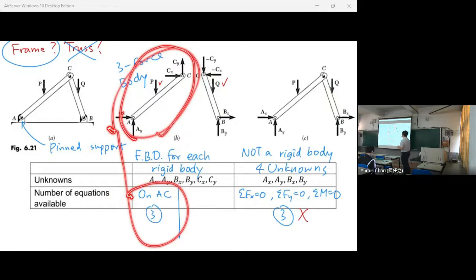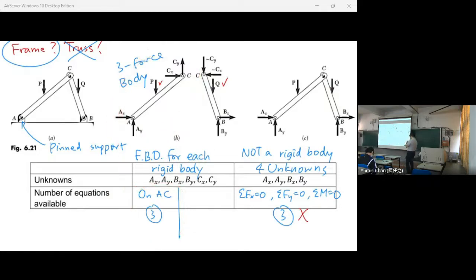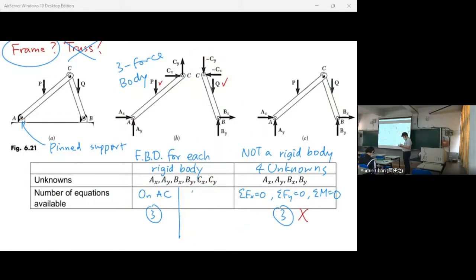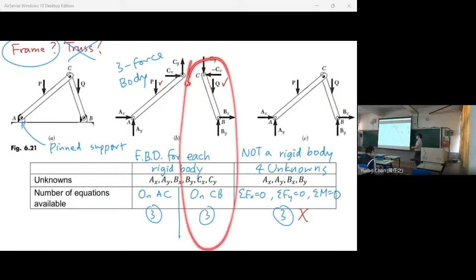Now, on the right hand side, on CB, we can write another 3 equations for the free body diagram of the member on the right.